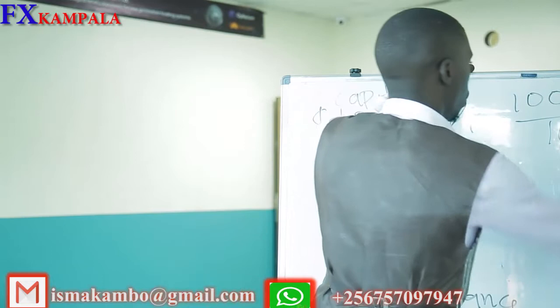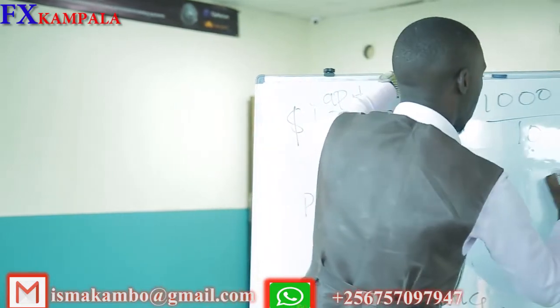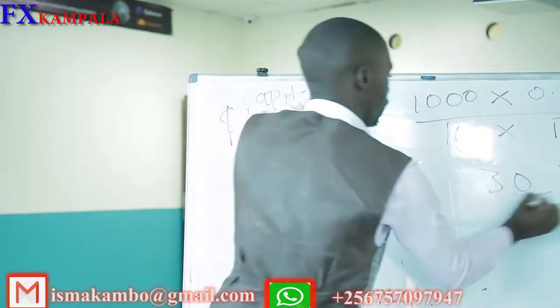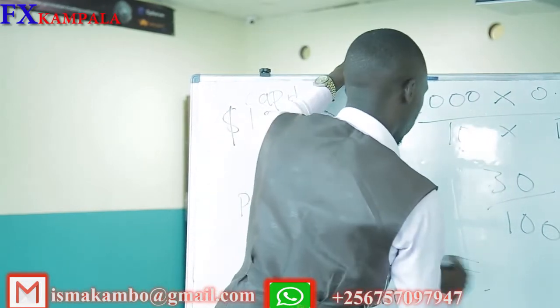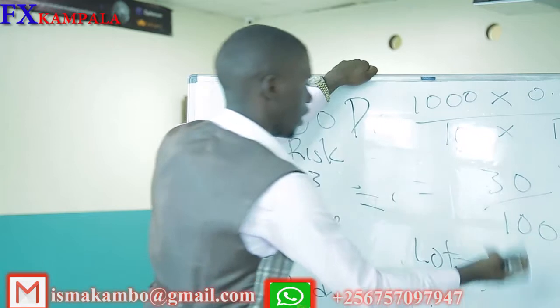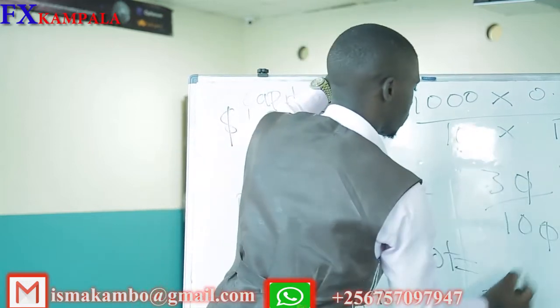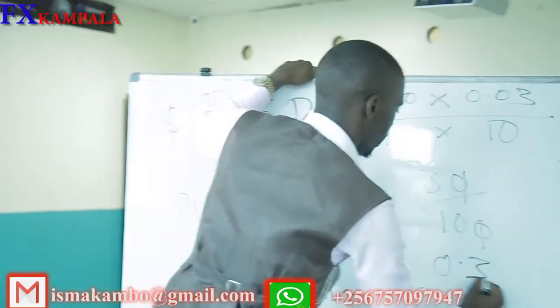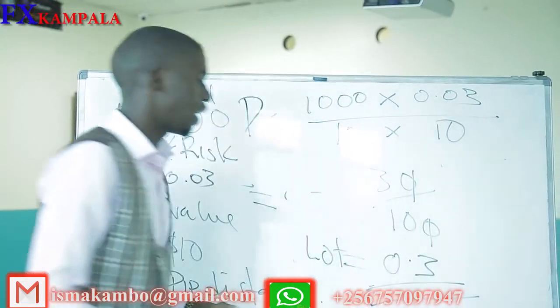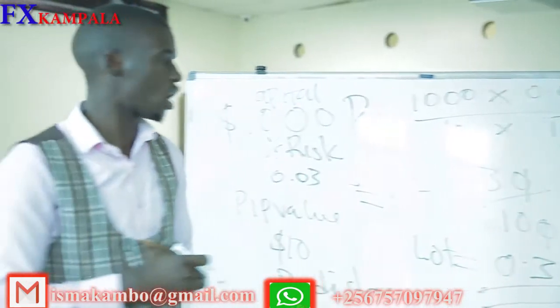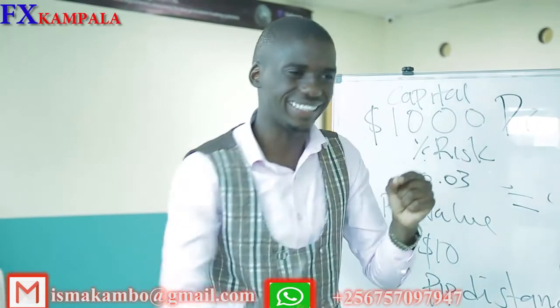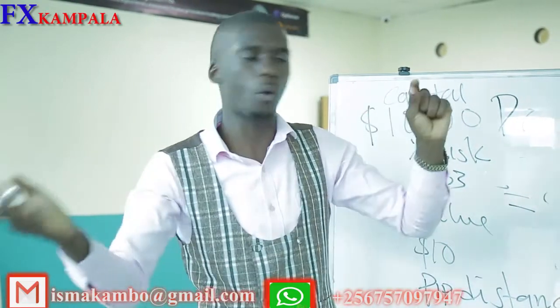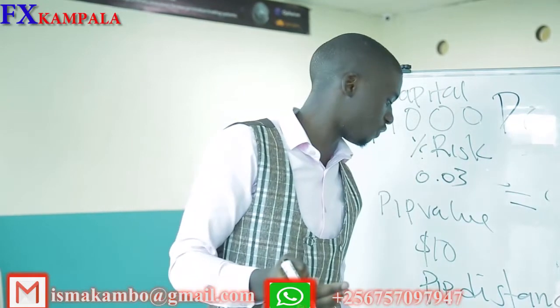So when you calculate, you get 30 divided by 100, which gives us a lot size. When you cancel this, you get a 0.3 lot size. So if we put a lot size of 0.3, we can adjust our stop loss to the point where we want, which is 10 pips.